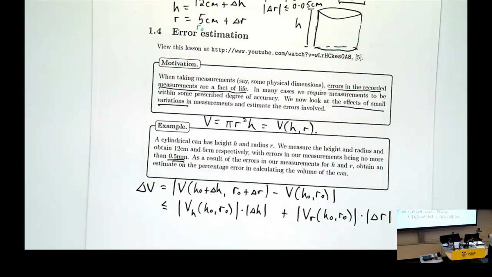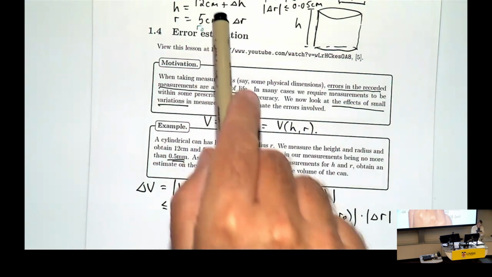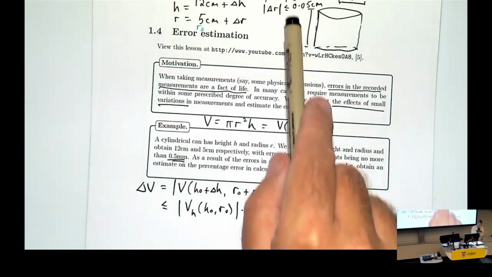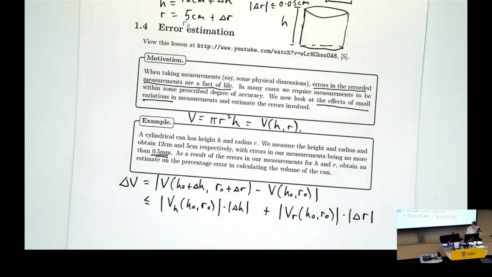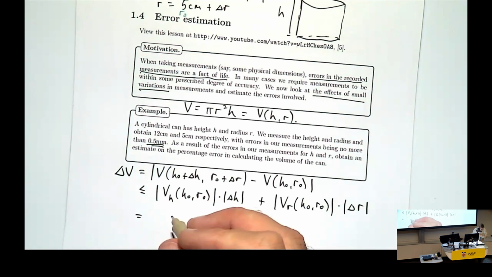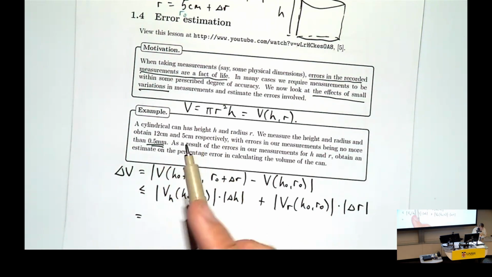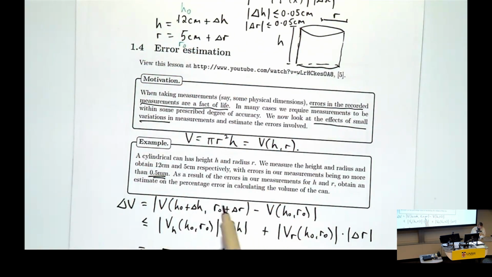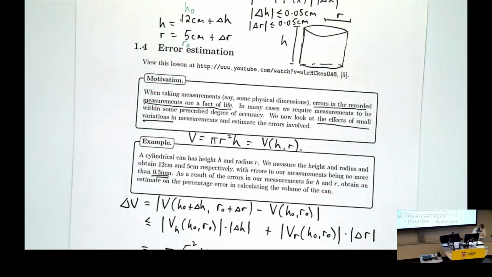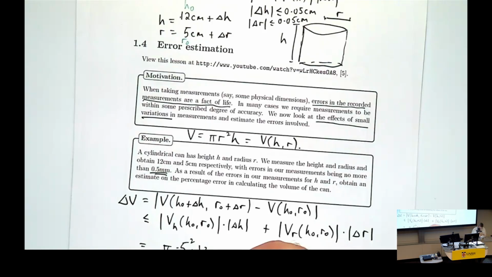Okay? All right, so let's work this out. Right, H0 is 12, R0 is 5, and these are the estimates on our errors. Okay? So I'm going to say pi times 5 squared times 12 times 0.005.